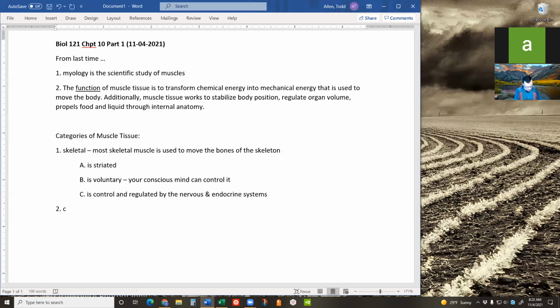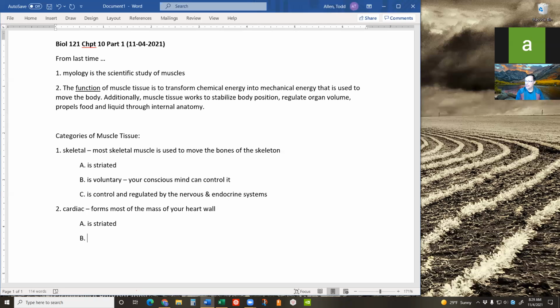So cardiac muscle is the other category. You're going to get much more detailed conversation about cardiac muscle in AMP2. Okay, so cardiac muscle forms most of the mass of your heart wall. Okay, the tissue is striated.